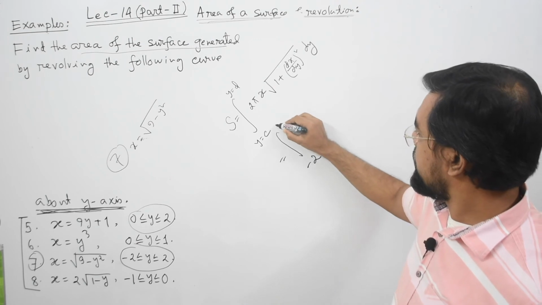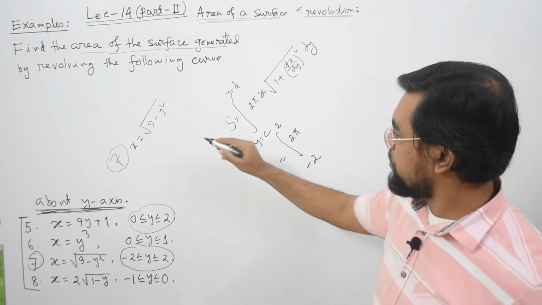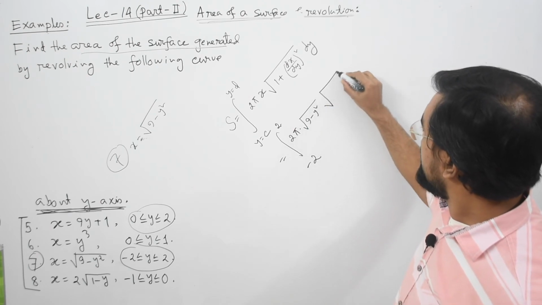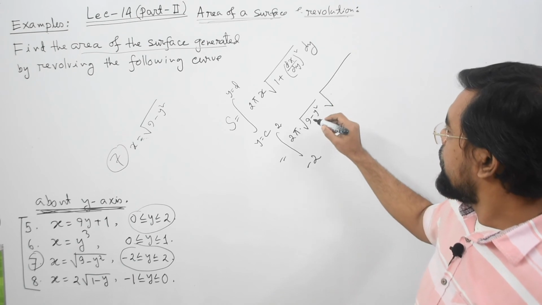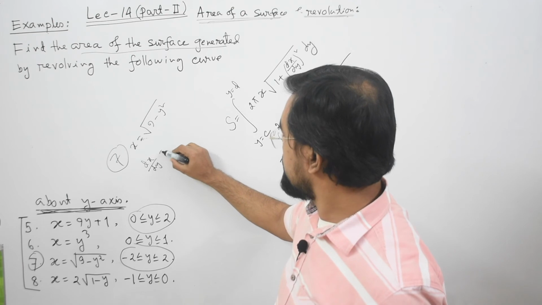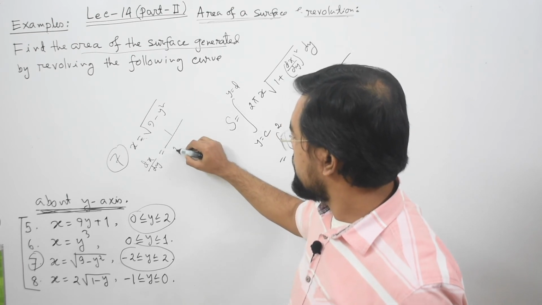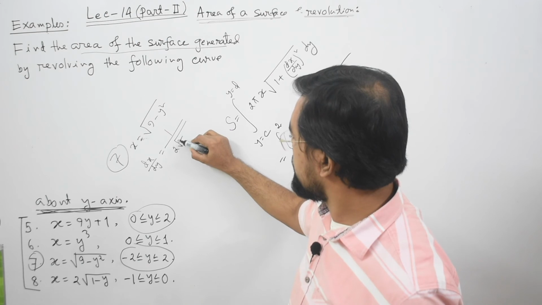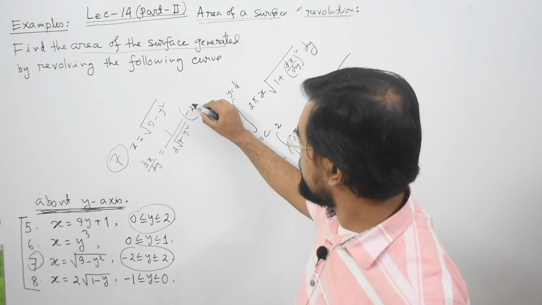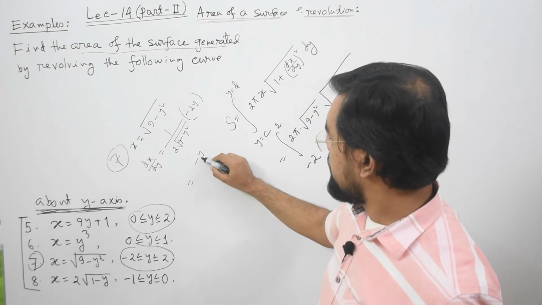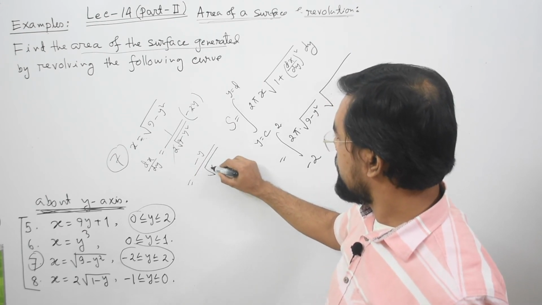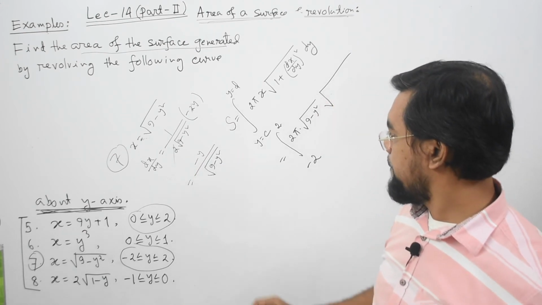So let me write it here, minus 2 to 2, 2π x equals root 9 minus y squared times root of 1 plus (dx/dy) squared. dx/dy is equal to 1 by 2 root 9 minus y squared, into the chain rule, the derivative of this, minus 2y, which equals, the 2 and 2 you can cancel, minus y by root 9 minus y squared.